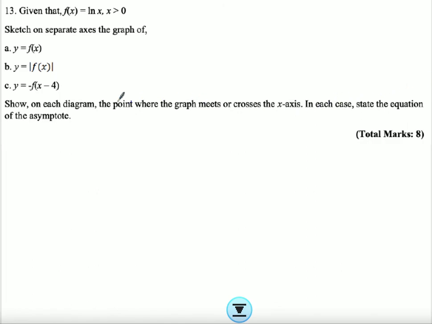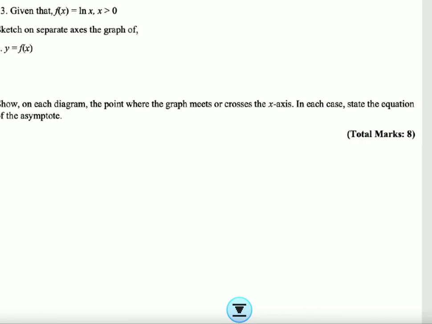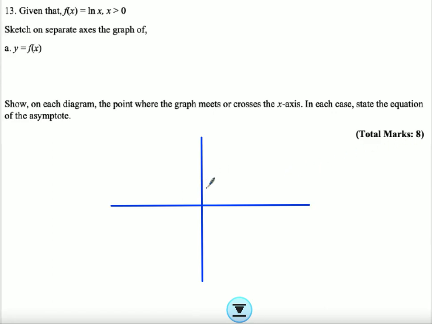We still keep going. Okay, so sketch these graphs. Ln x. Okay, so first one. We should know what ln x looks like.